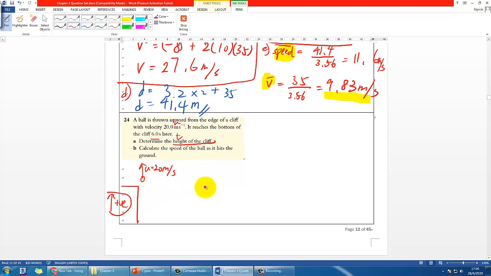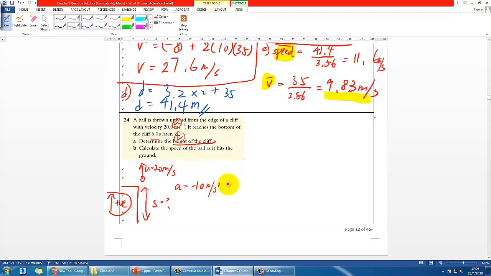Okay, interesting. Apparently the height can be represented by s, which in our case will be negative. We can predict it's negative because our upward is positive. So we want to find s. We know t, we know u, we also know a is -10 meters per second squared, because again upward is positive.